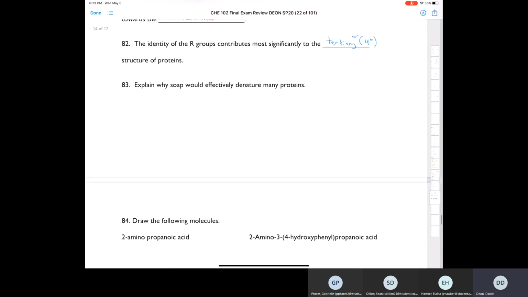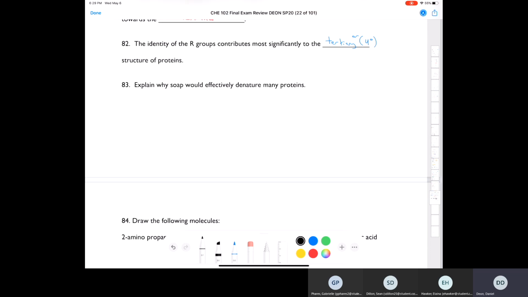Number 83 is just kind of an FYI, a food for thought thing. It says, explain why soap would effectively denature many proteins. Well, you think about a soap, which has a hydrophobic portion and a hydrophilic portion. And proteins have hydrophobic portions and hydrophilic portions as well, right? In a protein, we think of the tertiary structure being such that the nonpolar R groups are going to be inside the protein, and the polar R groups will be on the outside of that protein.